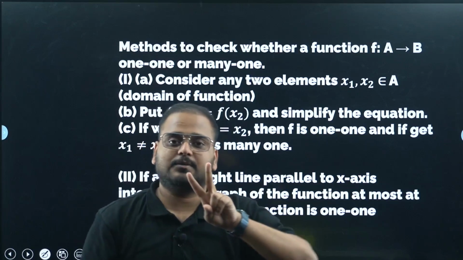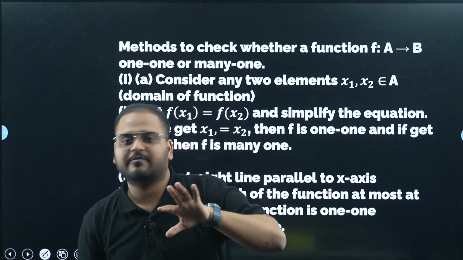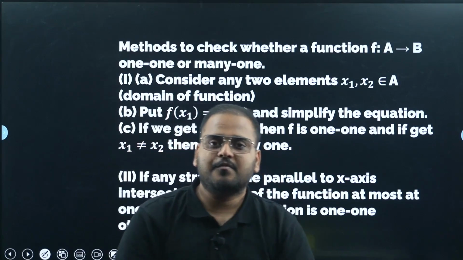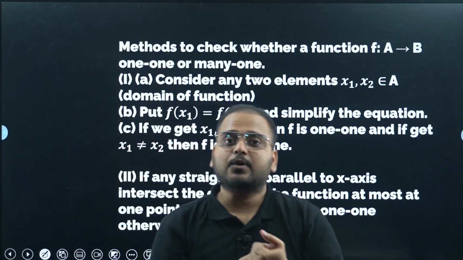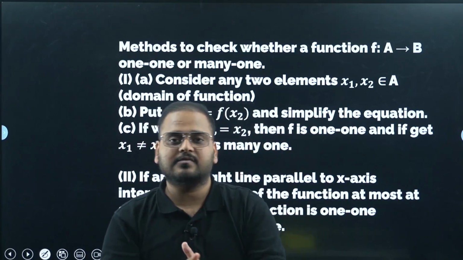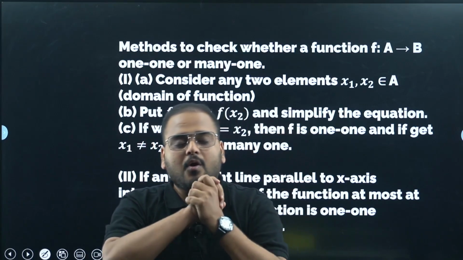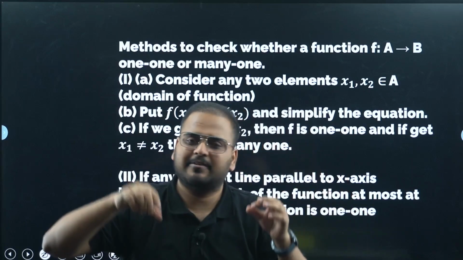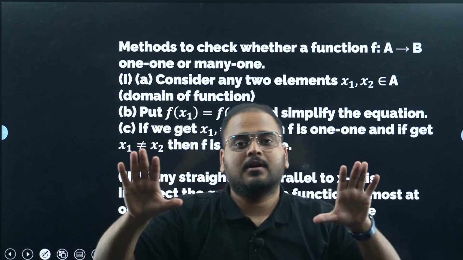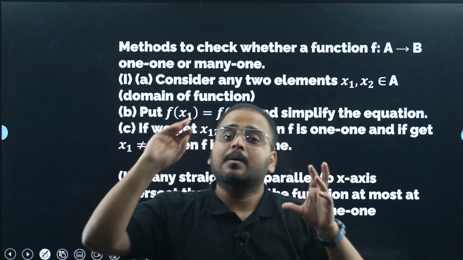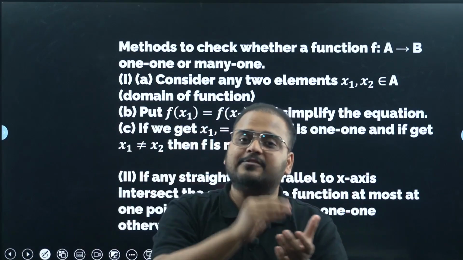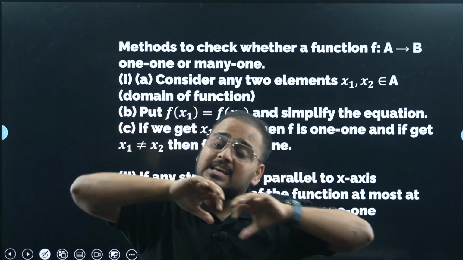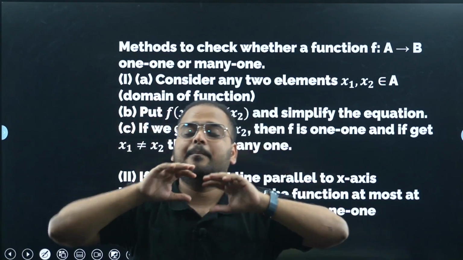Chaliye. Moving on. Now how will you identify whether the given function is many one or one-one? There are two methods. One is the graphical method. I love the graphical method. I'll tell you one thing: if you want to excel in mathematics, if you want to be fast in mathematics, try to learn graphs. Get a source and try to learn all the functions' graphs, even for composite functions. Whether it is in the syllabus or not does not matter. Don't worry about the syllabus portion, because if you know functions, their graphs, their domain, their restricted domain, then you will be able to solve any question based on those functions.